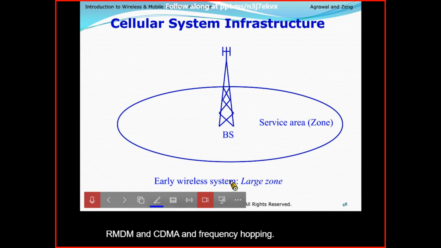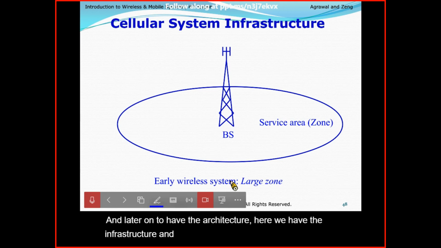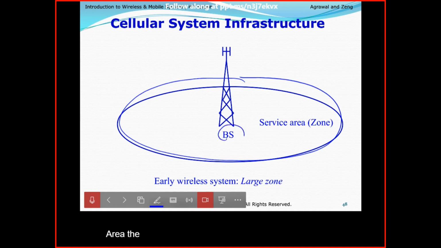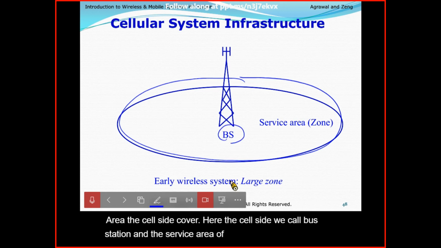And later we want to have the architecture. Here we have the infrastructure. And infrastructure, of course, for the cellular system, we will have the area, the cell site coverage. Here, the cell site we call base station. And the service area, of course, we call the coverage.